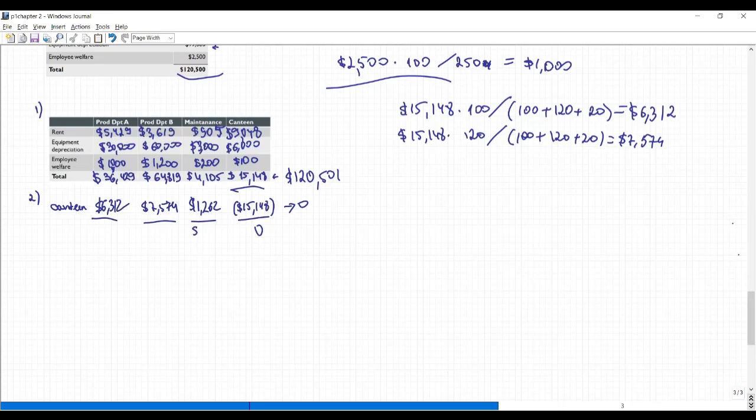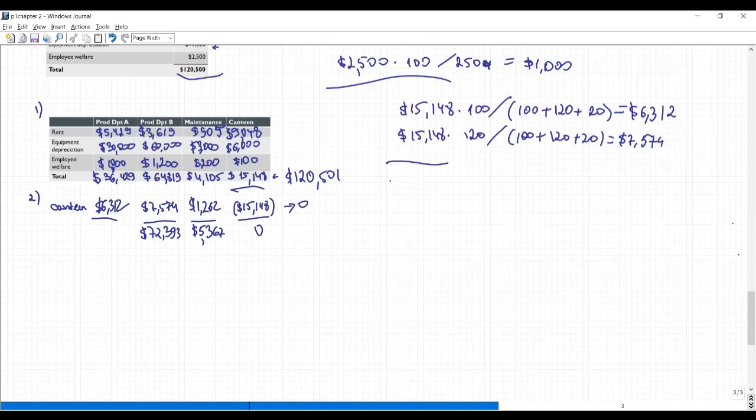So it's going to be 5,367. And for production B, it's going to be 64,819 plus 7,574, and it equals 72,393.